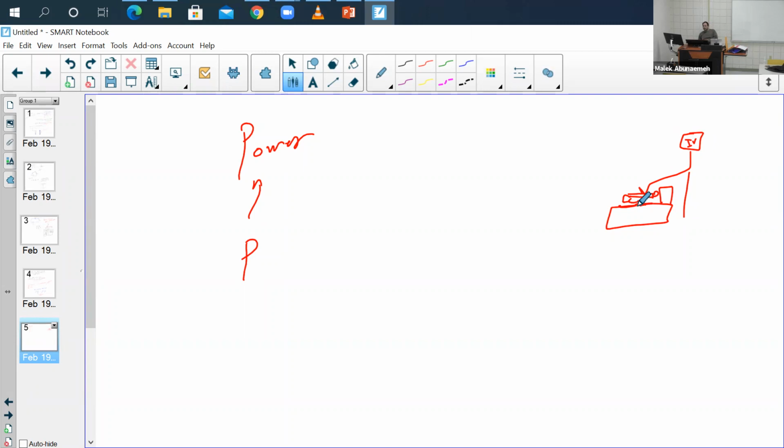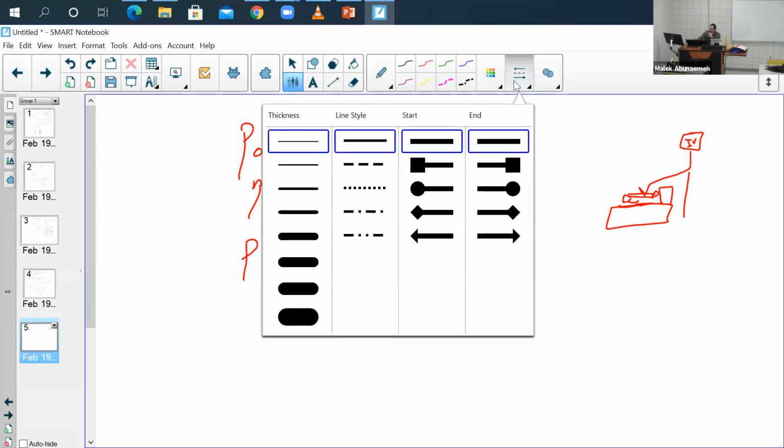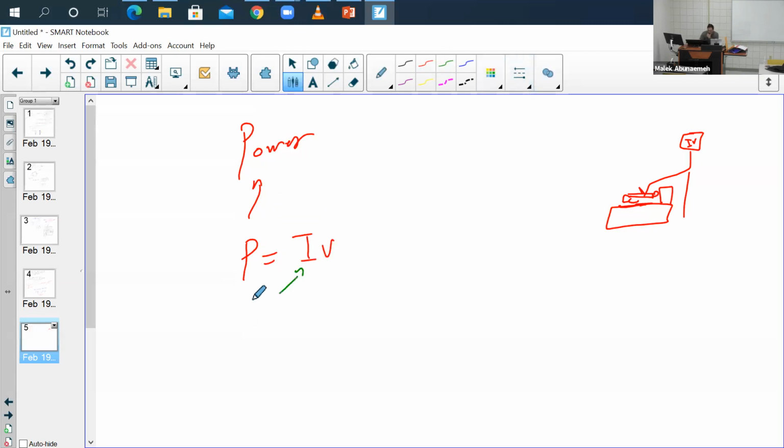When you're feeling weak, they give you an IV so you can have more power. So your power equals IV. P is your power, I is your current, and V is your potential difference, your voltage.